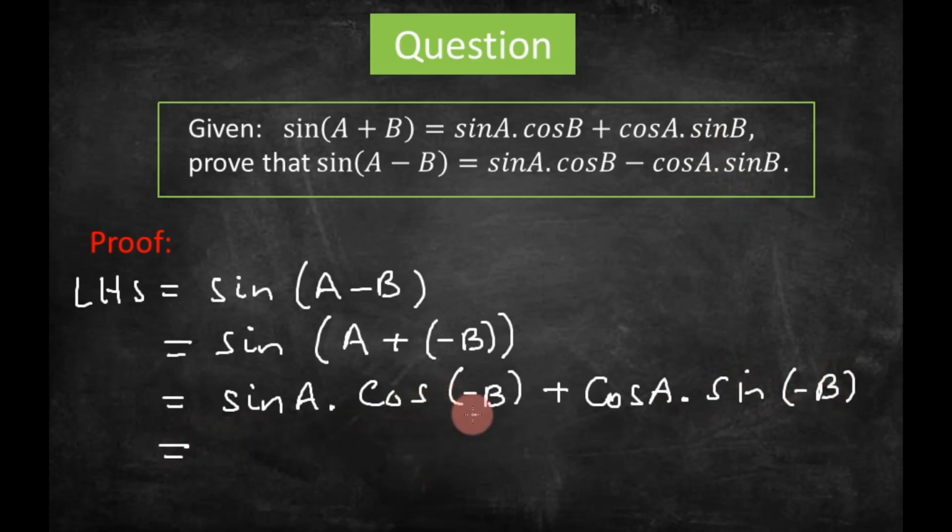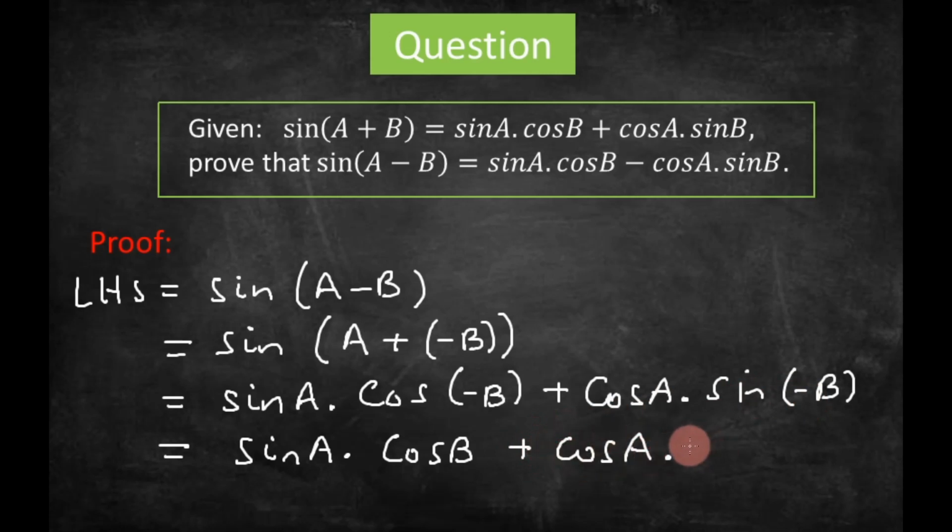We know that the cos of negative b is positive the cos of b. So we have the sine of a times the cos of b. We also know that the sine of negative b is minus the sine of b. So plus the cos of a times negative sine of b.